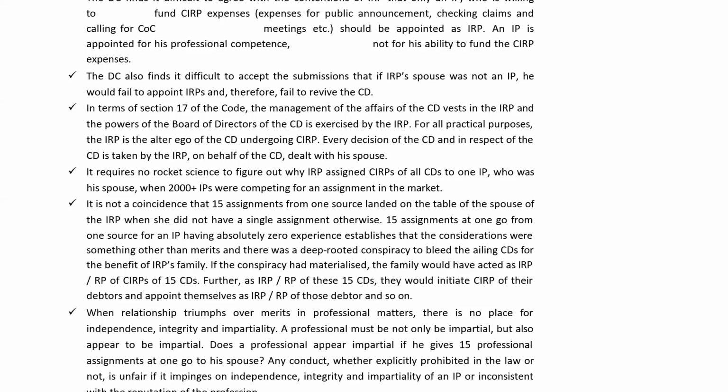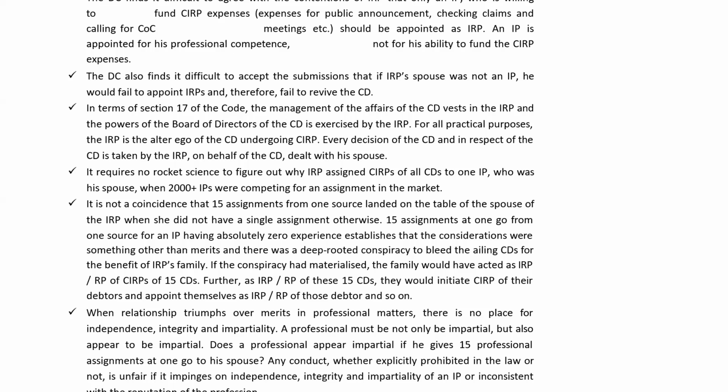And it is not a coincidence that 15 assignments from one source landed on the table of the spouse of the IRP when she did not have a single assignment otherwise. 15 assignments at one go from one source for an IP having absolutely zero experience establishes that the considerations were something other than merits.